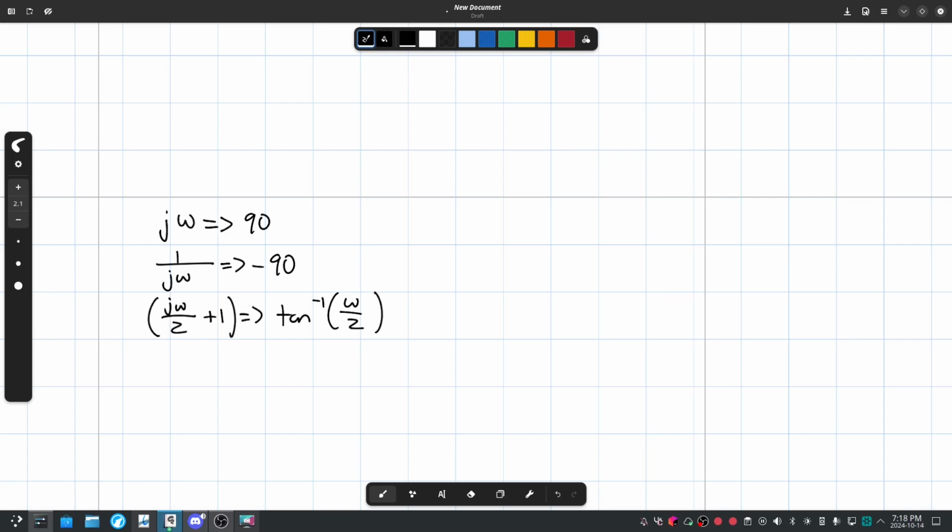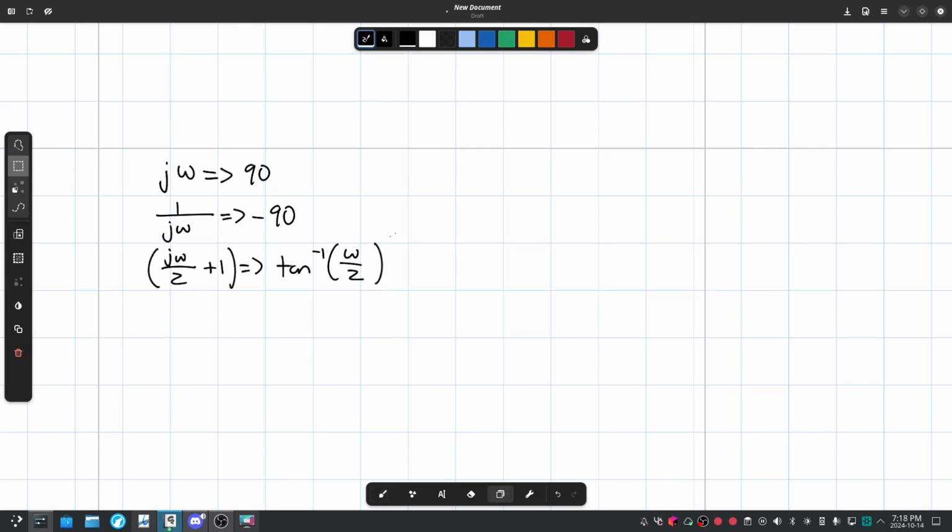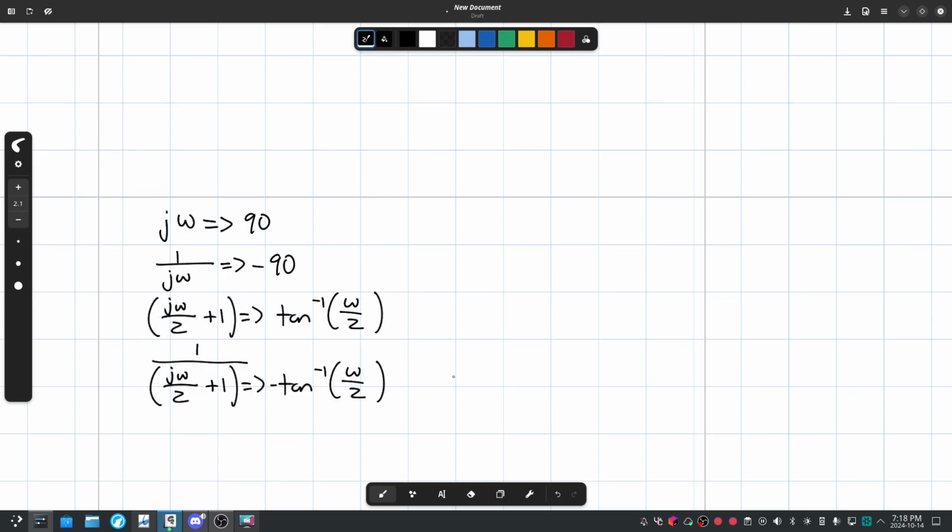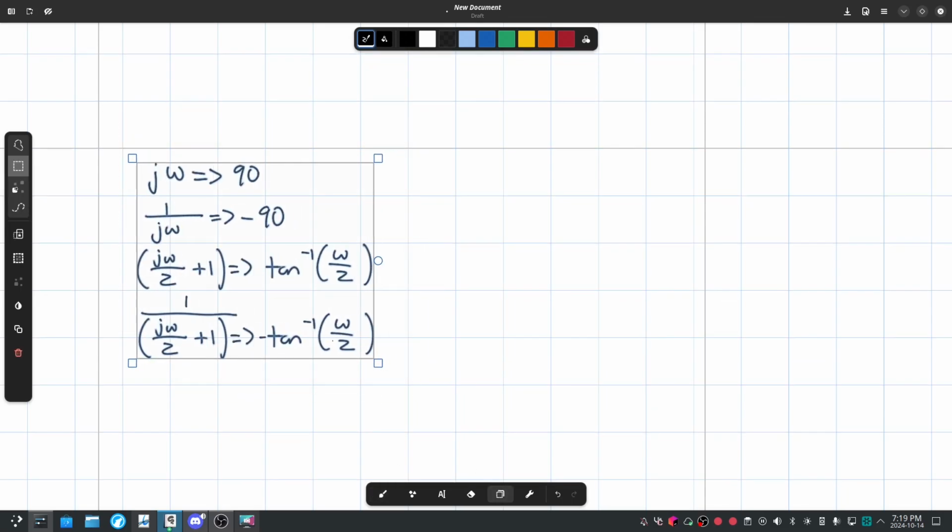And if it is in the denominator, it's a subtraction. So these are the 4 rules you need to know.